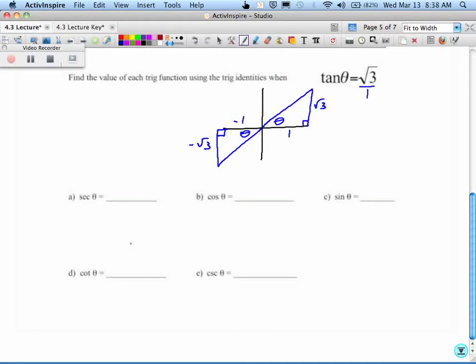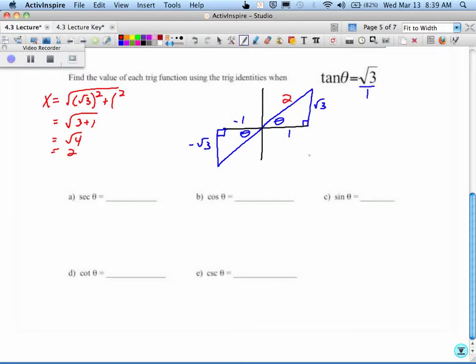Find the missing side. Find that hypotenuse now. The missing side would be the square root of 3 squared plus 1 squared, which is the square root of 3 plus 1, which is the square root of 4, which is 2.